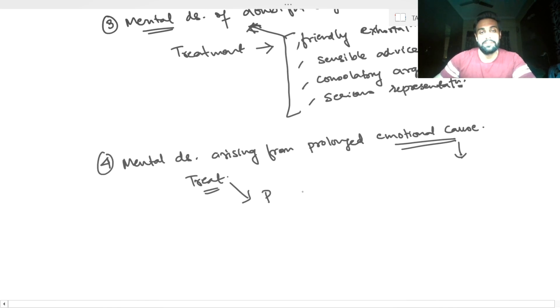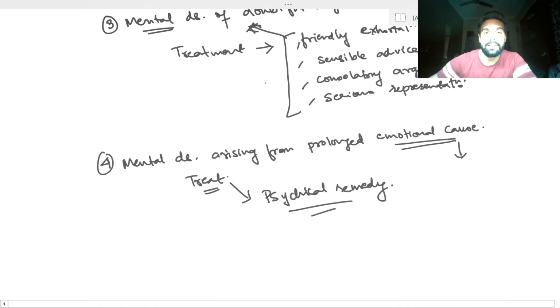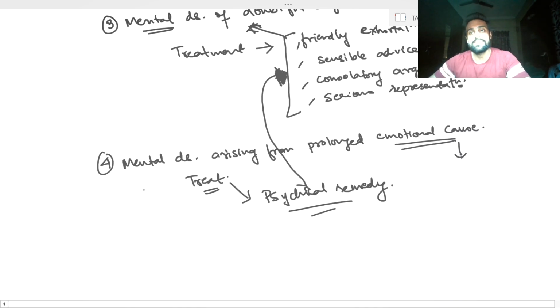Psychical remedy. And what is this psychical remedy? These are nothing but these things. So for the fourth type of mental disease, the treatment will be psychical remedy, that is sensible advice, consolatory arguments, serious representations, and along with this, proper diet and regimen has to be maintained.